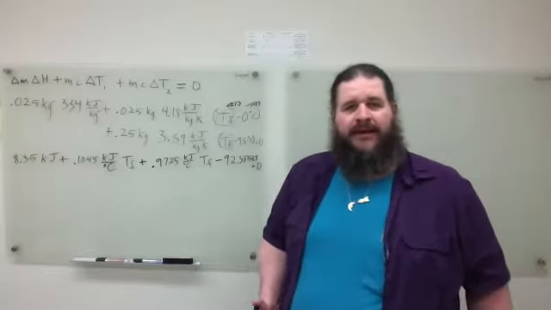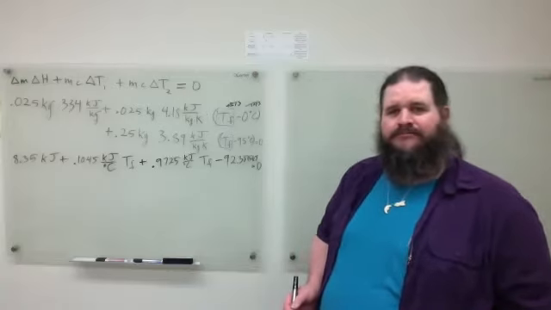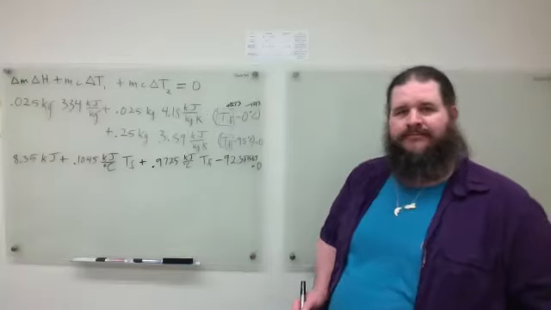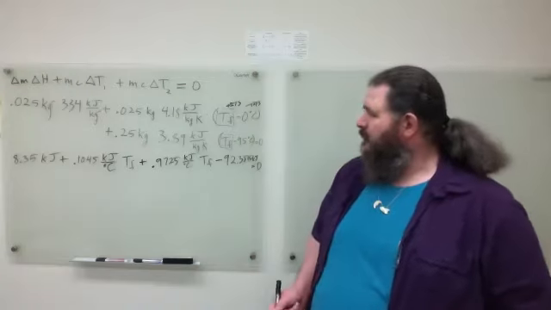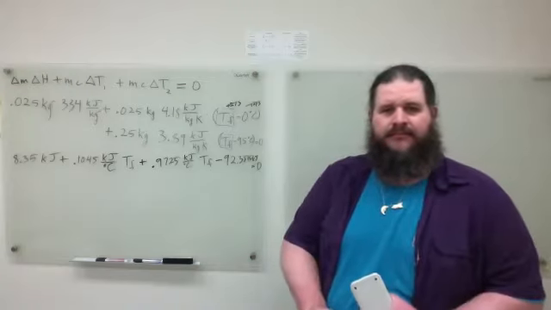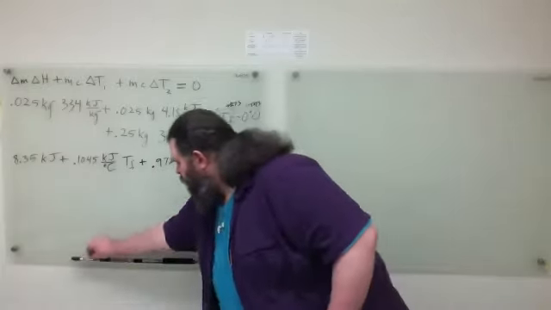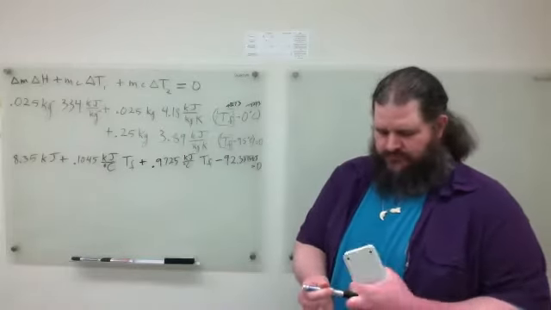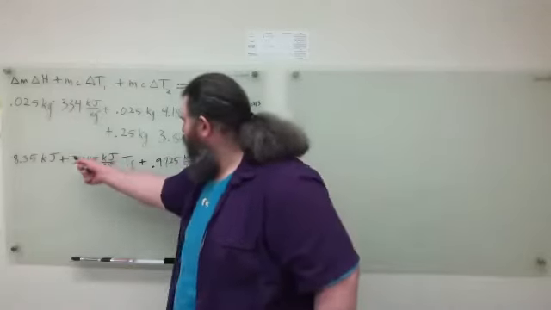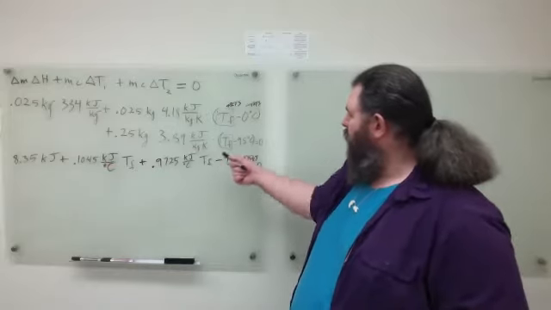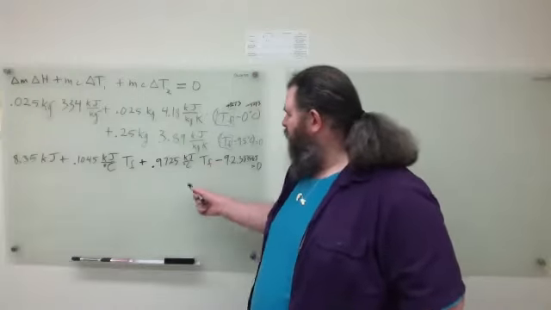And at this point, we can now combine like terms. Before we do, any questions on the simplifying so far? So combining like terms, what can we combine together here? Yeah, anything with a times T final, those can be combined.